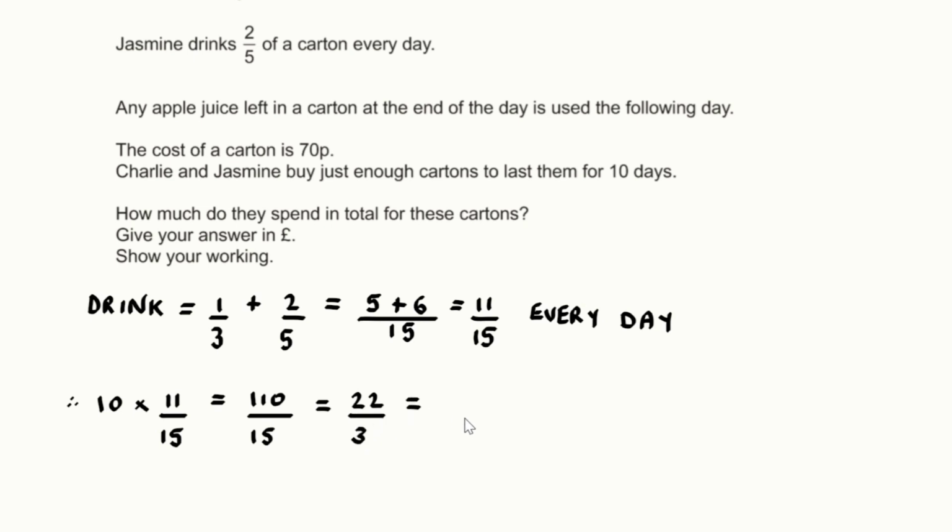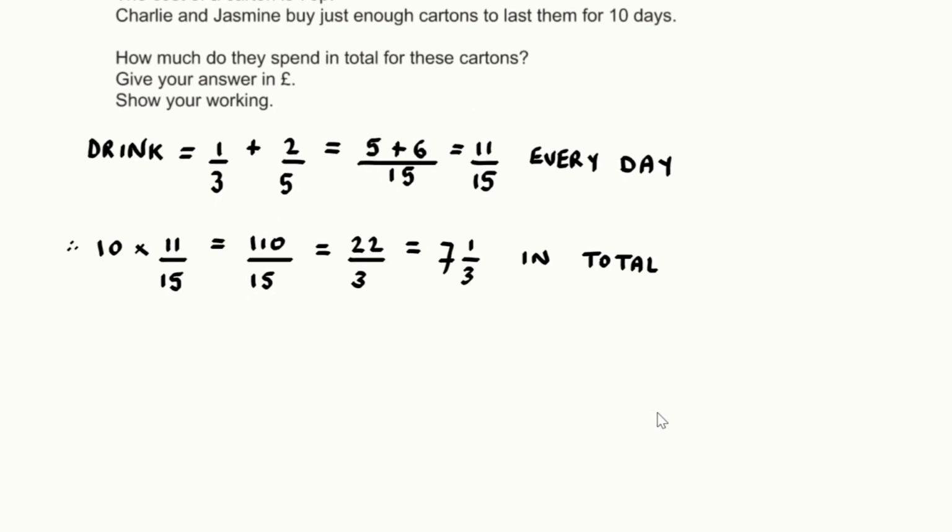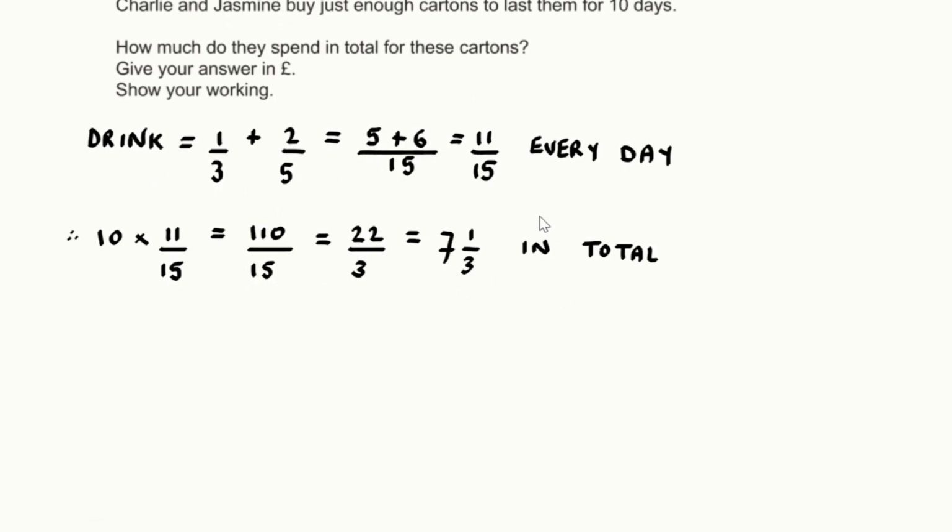In other words, we've got 7 and 1/3, which is how much they drink in total. And so, how many cartons do we require? We see in total 8 cartons are required. We round this up to 8 cartons.